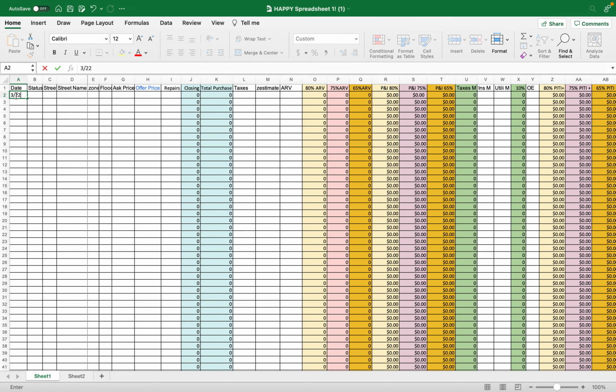For the status, I like to know if it was an MLS deal or an off-market deal. This particular property was an off-market deal. On the status, you can also put if it was a particular wholesaler, or add additional notes. So here's my street number.